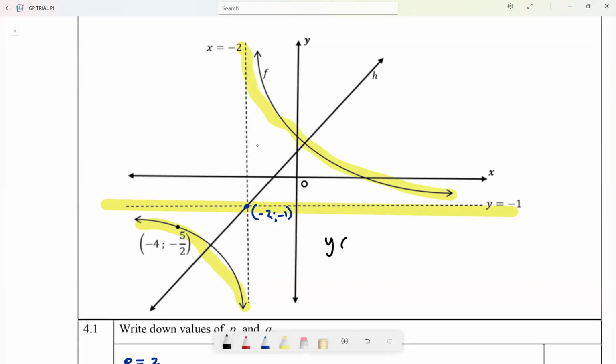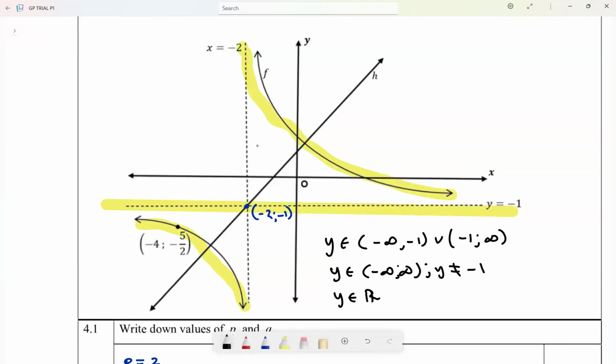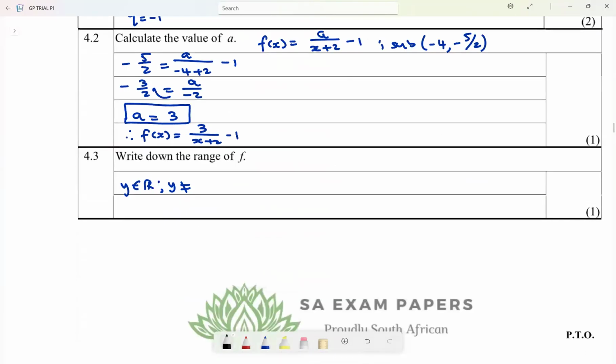So you can say y is an element from -infinity to -1, and then continues from -1 to infinity. But it does not touch -1, hence I excluded those. But instead of writing it like this, you can say y is an element of real numbers where y should not be equal to -1. This is why I answered it like this. It does not touch my asymptote.